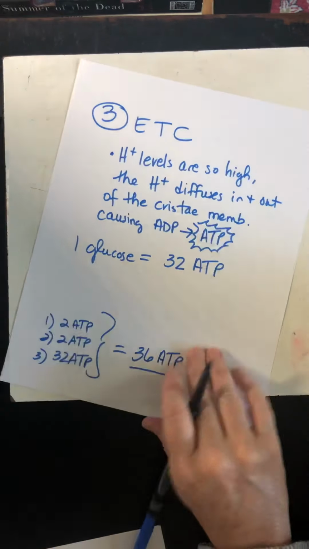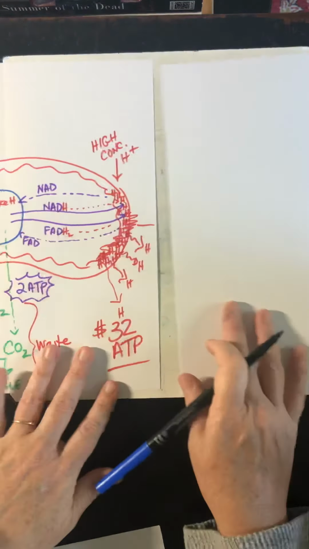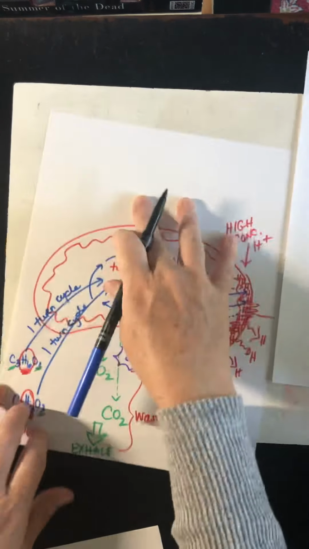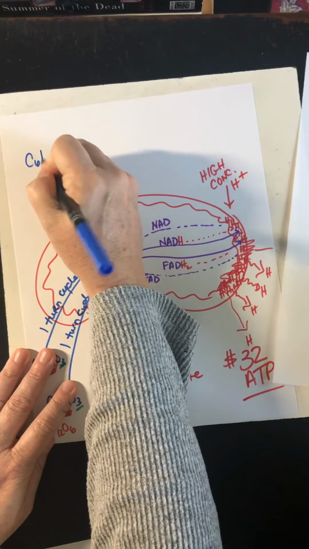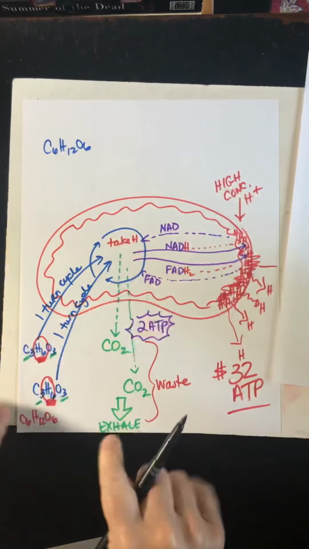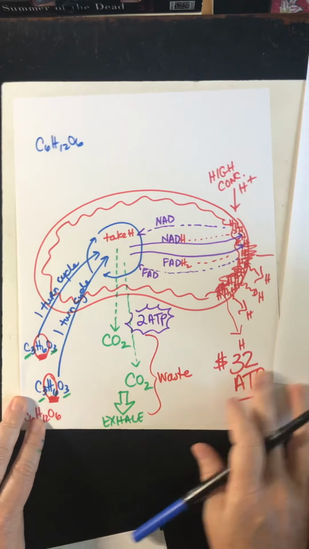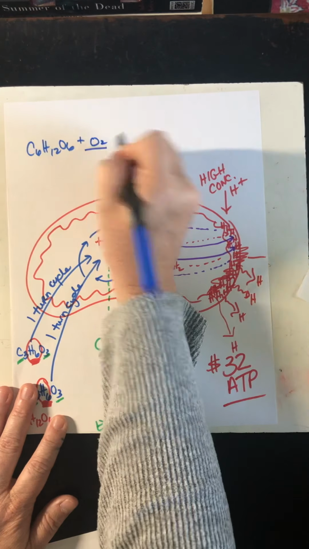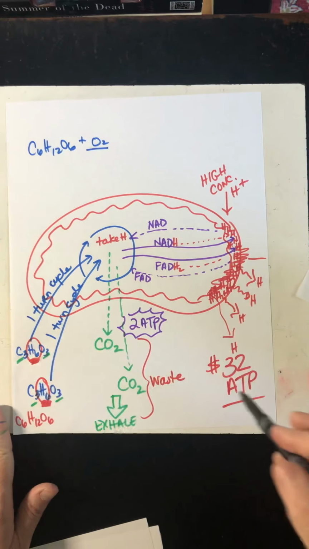All right, now the one molecule I have not even talked about at all is oxygen, okay? So your formula for cellular respiration is glucose, so C6H12O6, which is right here. Glucose comes in here. And then plus oxygen, which hasn't been talked about yet.